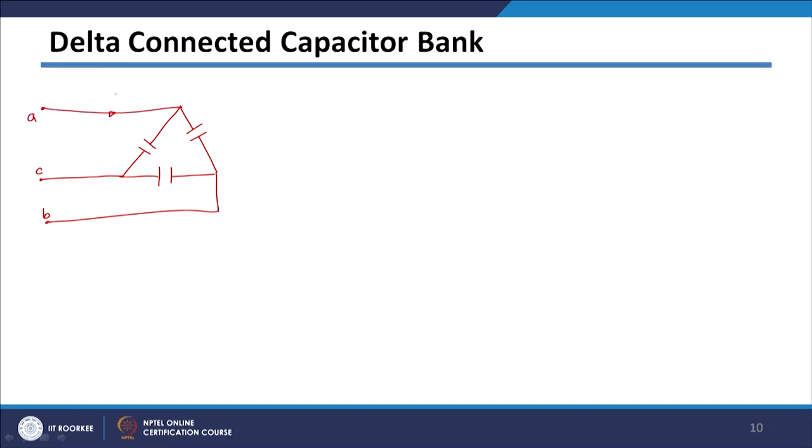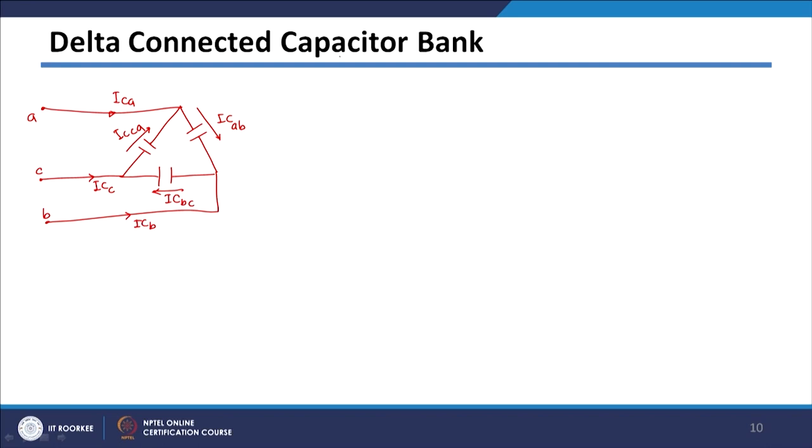This current is again ICA, this current is ICB, and this current is ICC. Now, there will be currents flowing through the delta branches, directed like this. So, this current will be ICAB, this current ICBC, this current ICCA.